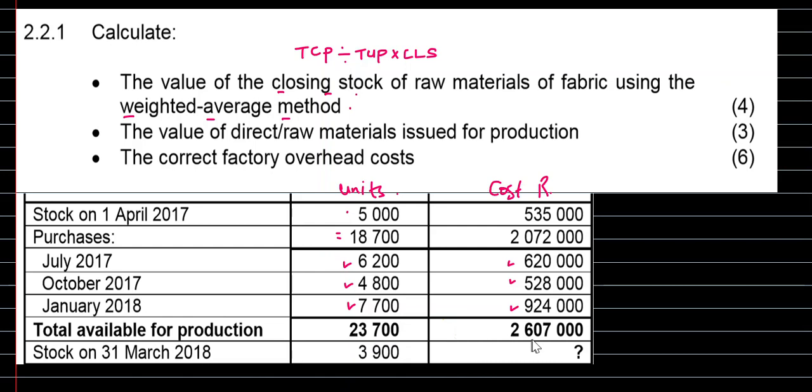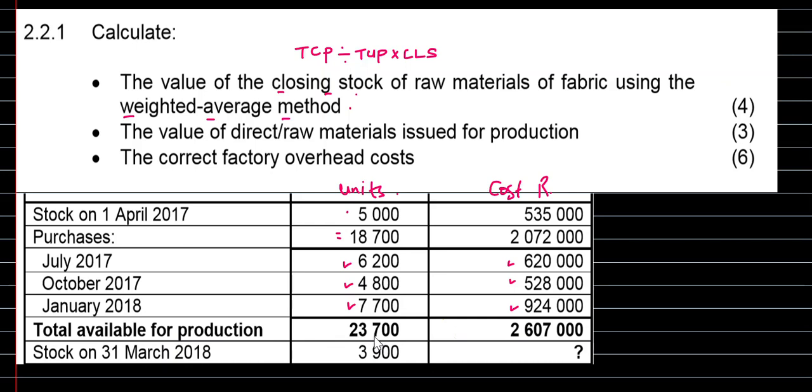So we're going to take this money and divide it by 23700 and multiply by 3.9. That's what we do when calculating the weighted average method, finding the closing stock. You always say the total available for production cost, 2607, divided by the total units produced, 23700.